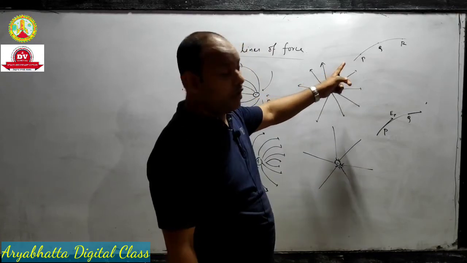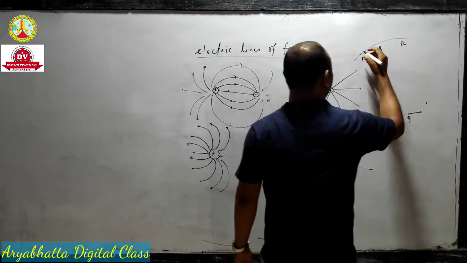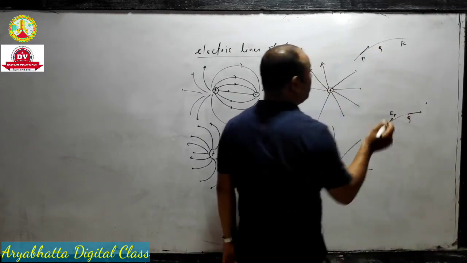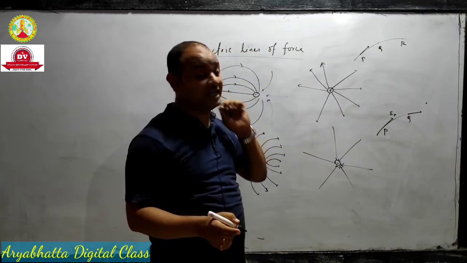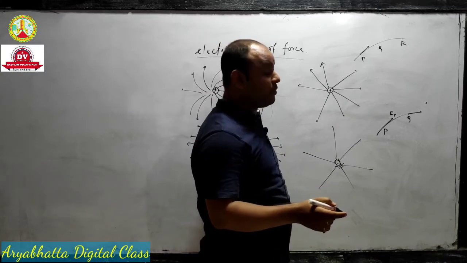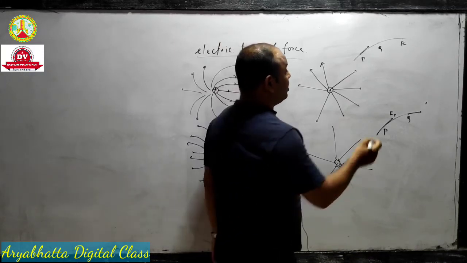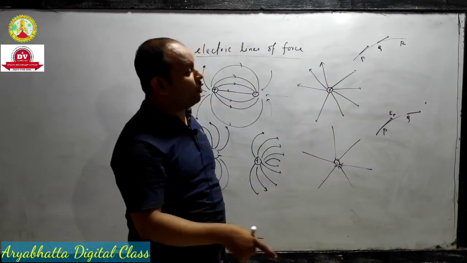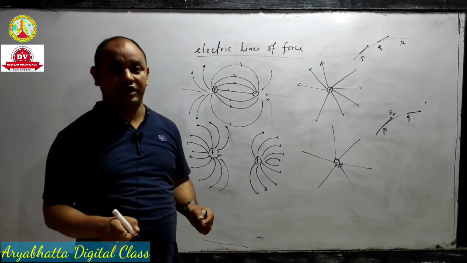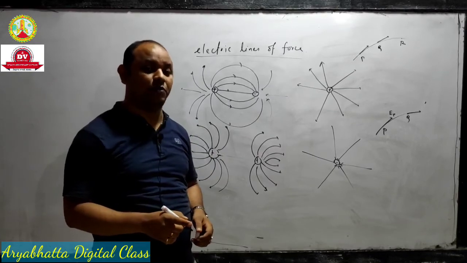At point P, the direction of electric field is along this direction. If you want to determine the direction of electric field at Q, then you draw a tangent at this point. That means the tangent at any point is the direction of the electric field at that point.